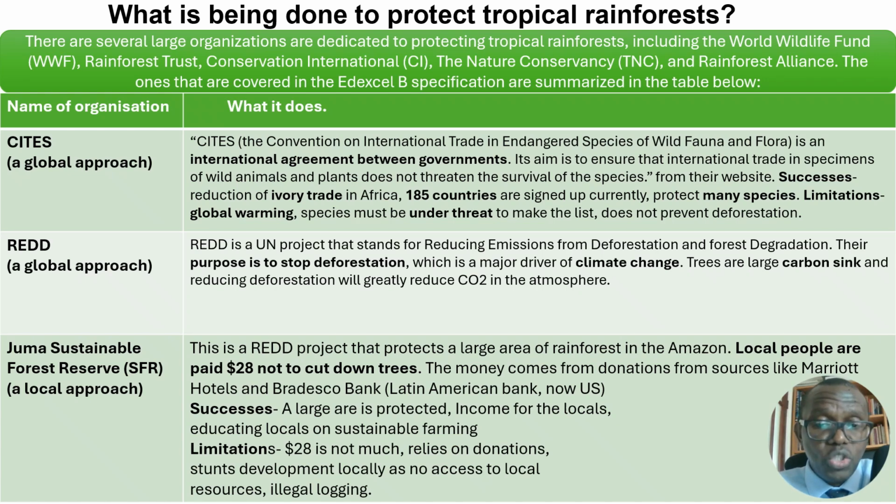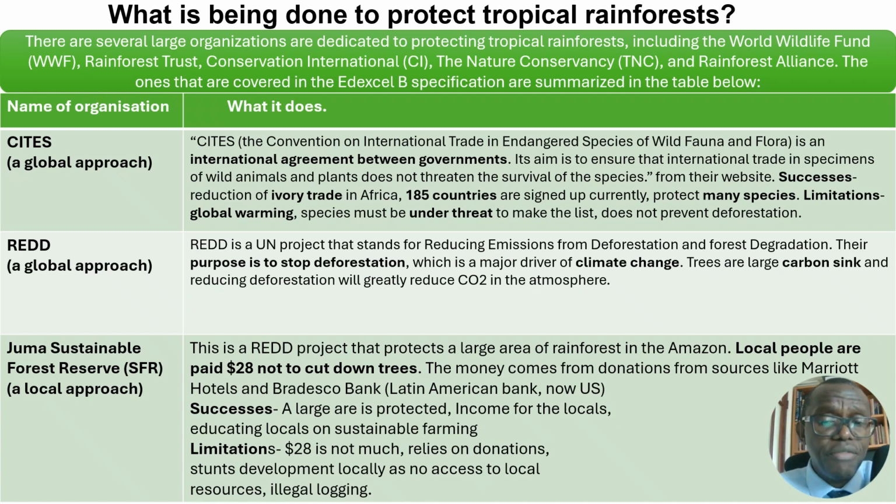Its aim is to ensure that international trade in specimens of wild animals and plants does not threaten the survival of the species. So that is what they say on their website. So what they are trying to do is to ensure that any endangered species of animals and plants are being protected, and they have formed an agreement between governments to ensure that that is being done.